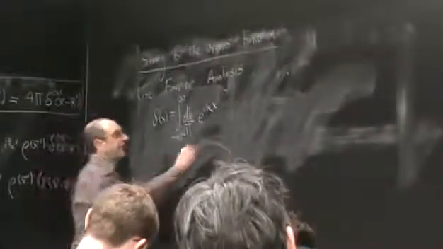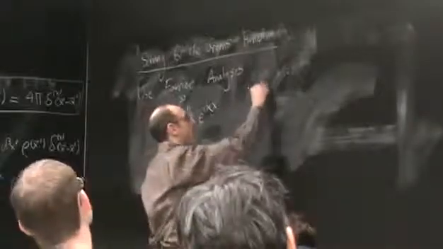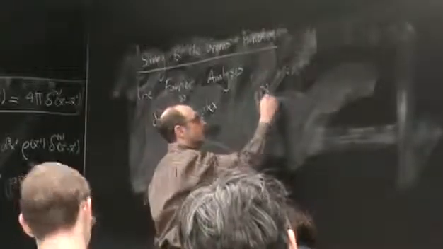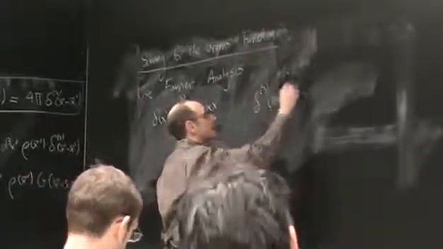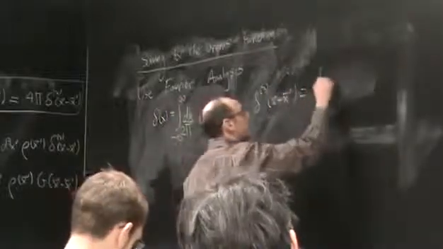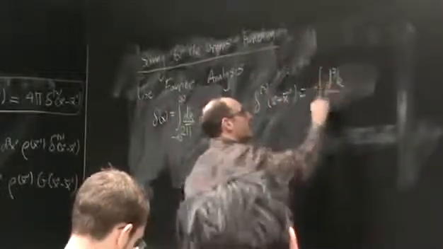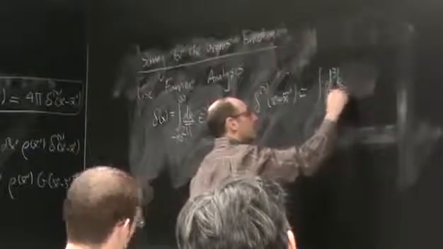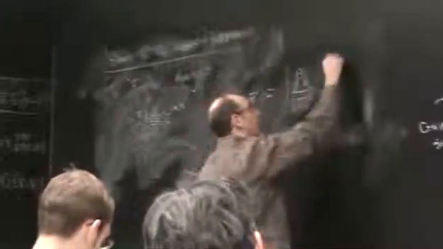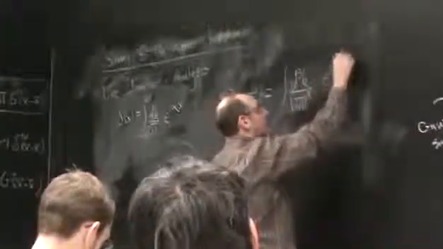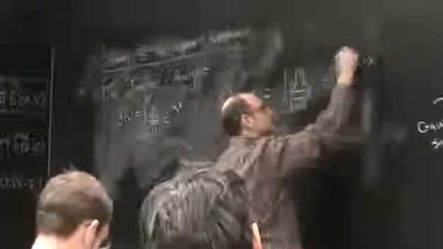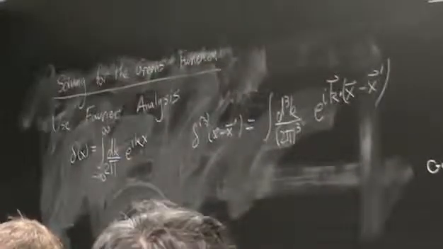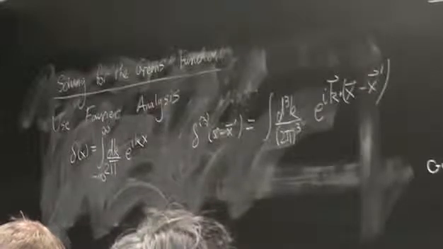And in 3D, it's the integral d cubed k over (2 pi) cubed of e to the i k dot (x minus x prime).